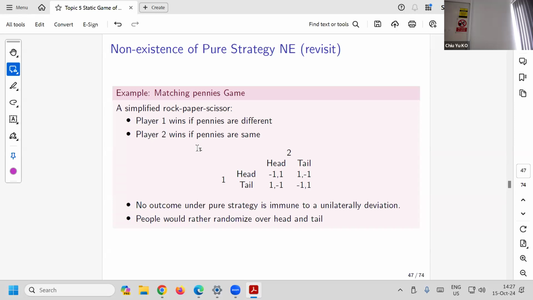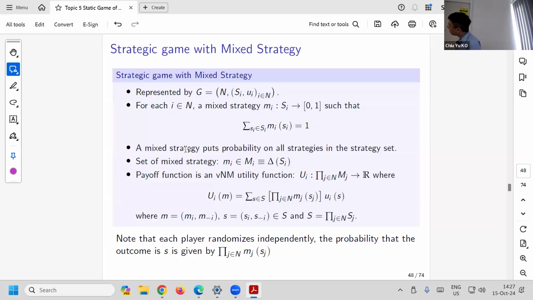randomization is the way to go, right? That's how we play rock, paper, scissors. We don't let the opponent know what we are choosing. So how to formalize this in game theory is called the mixed strategy. The idea is that instead of choosing a strategy, you are choosing a probability distribution over the strategies.